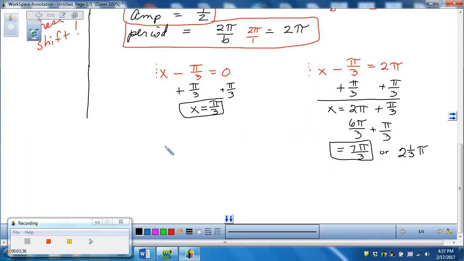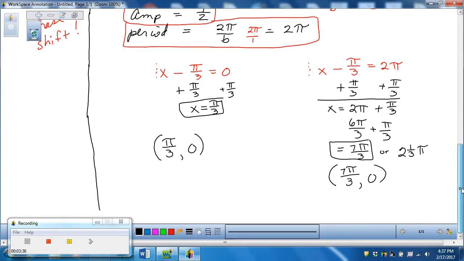So now, this is one of our points where it's touching the midline. Because there's no vertical shift, it's actually on the x-axis, so we have an x-intercept, or a midline intercept, of pi over 3, 0. This one, we have a midline intercept of 7 pi over 3, 0.